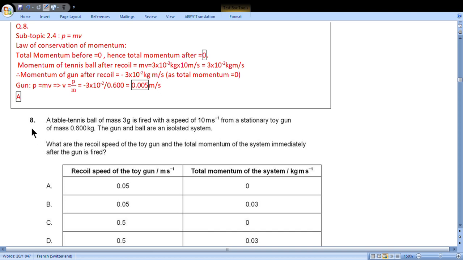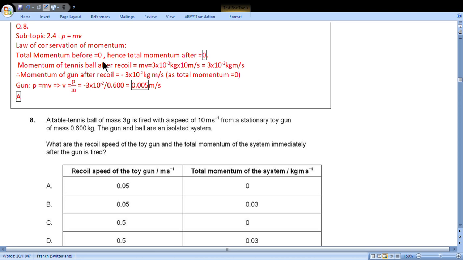Question 8. A table tennis ball of mass 3 grams is fired with a speed of 10 meters per second from a stationary toy gun of mass 0.600 kg. The gun and ball are an isolated system. What are the recoil speed of the toy gun and the total momentum of the system immediately after the gun is fired? Subtopic 2.4. Momentum p equals mv. Law of conservation of momentum.